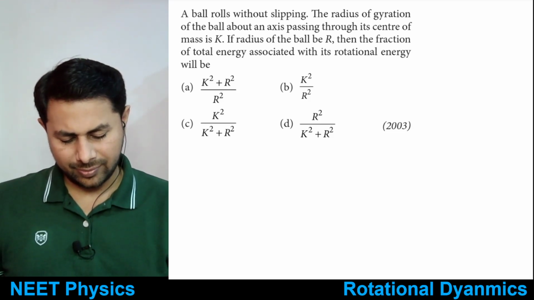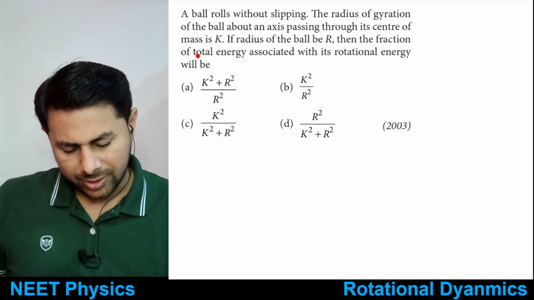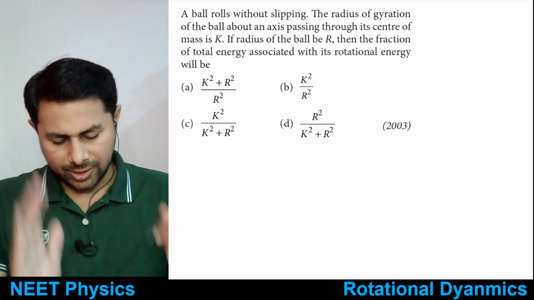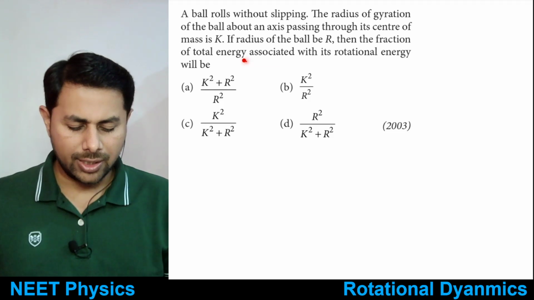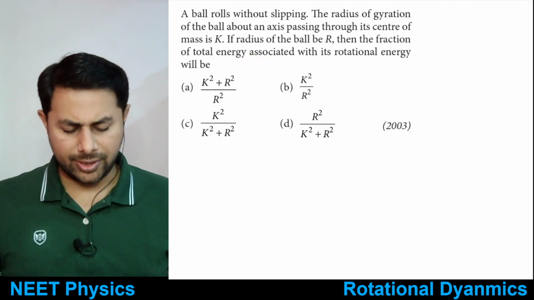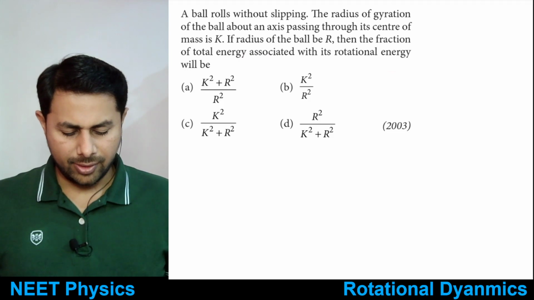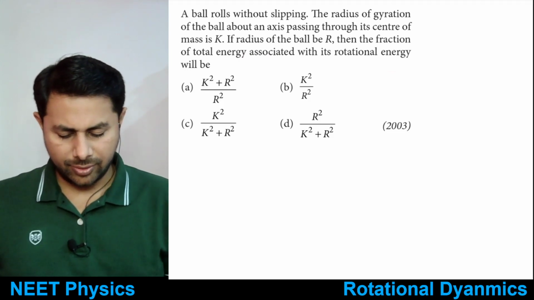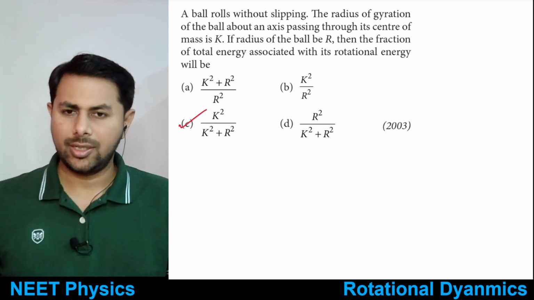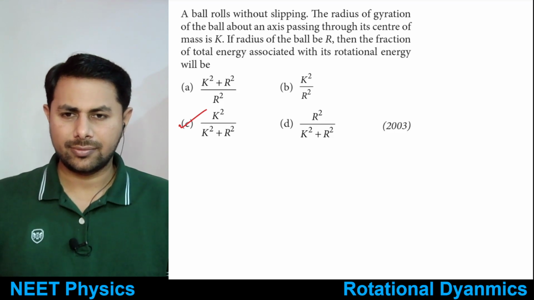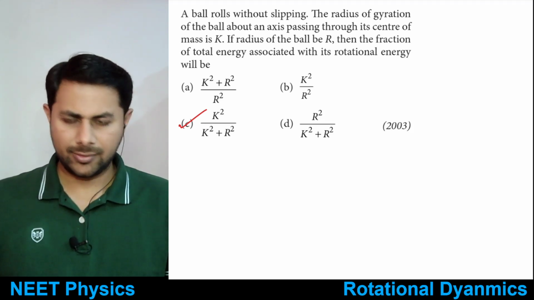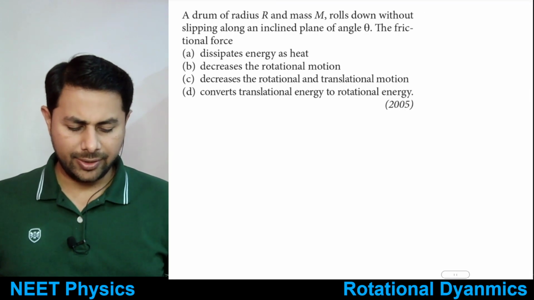How much of the total energy is associated with the rotational energy? It's the same thing, right? So it's option C, k square divided by k square plus r square. Okay, good. So this one is repeated.